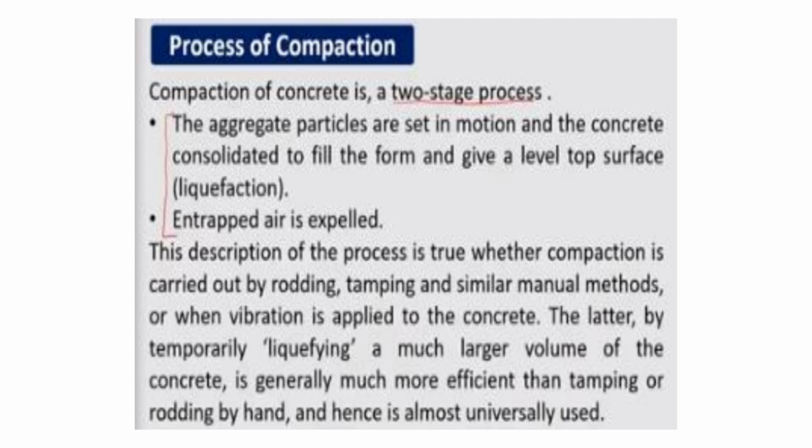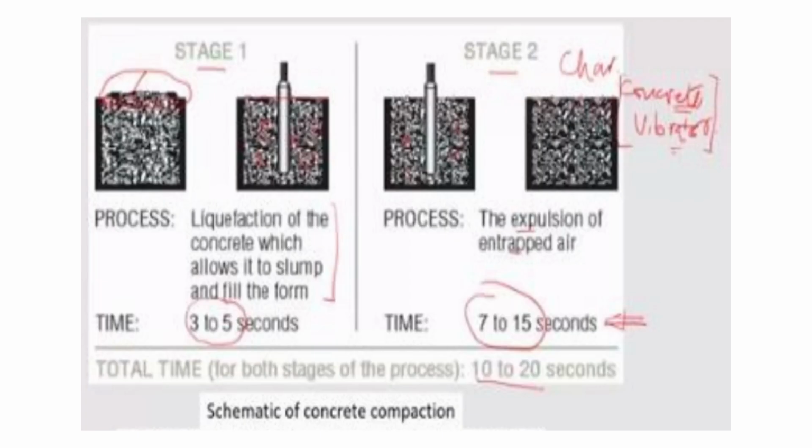The latter, by temporarily liquefying a much larger volume of the concrete, is generally much more efficient, okay, than tamping or rodding by hand, and hence is almost universally used. So we generally see machine compacting, okay, and therefore its uses were quite universal in nature, okay.